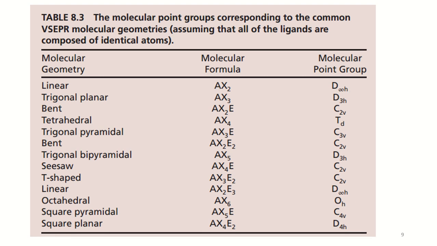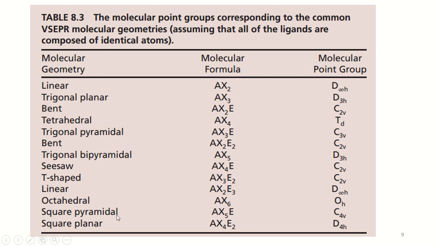If the geometry is octahedral with molecular formula AX6, it means A is the central atom and X are the same ligands. For example, if A is sulfur and X is fluorine, SF6, then the molecular point group should be Oh.